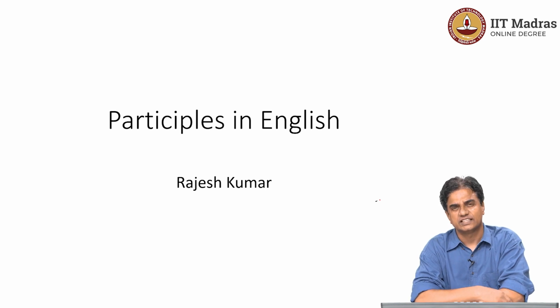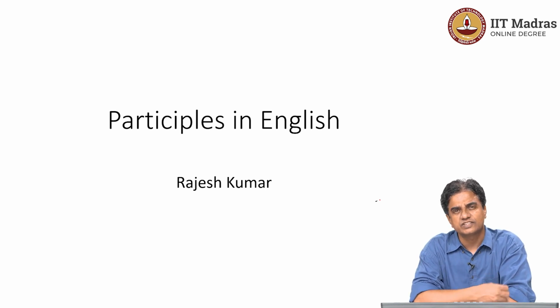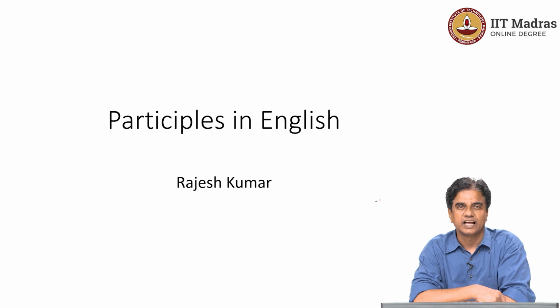As we know, a sentence is a basic unit and it has two parts. It has a subject and a predicate. A predicate has a verb in it, which is the most important part of a sentence. Verbs have objects, and additionally inside the predicate we have adverbs.